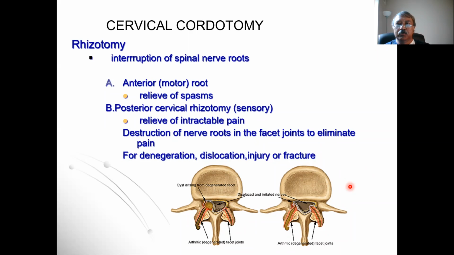Once it comes out from the anterior and posterior area of the cervical vertebra, they become cord structure. And this cord then divides back into branches, and they become tracts.